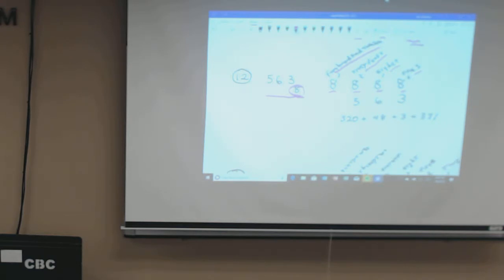Now, what do I have here? I have 5 in the 8 to the second place, 6 in the 8 to the first place, and 3 in the ones place. So what's 5 times 64? 320. Because I'm changing from base 8 over to decimal.